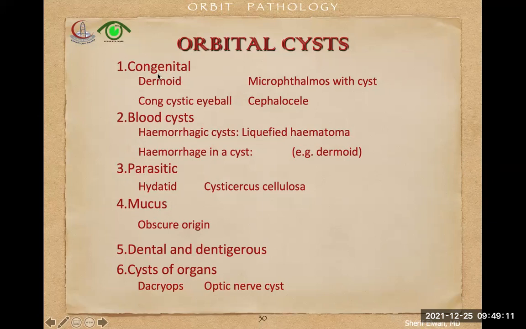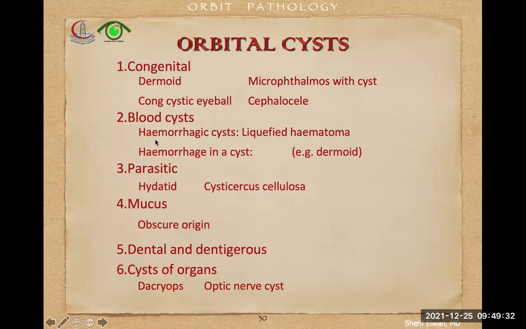Congenital cysts include dermoid, congenital cystic eyeball, microphthalmos with cyst, or cephalocele projecting into the orbit from the roof. Blood cysts include the 2 pathologically distinguished varieties.